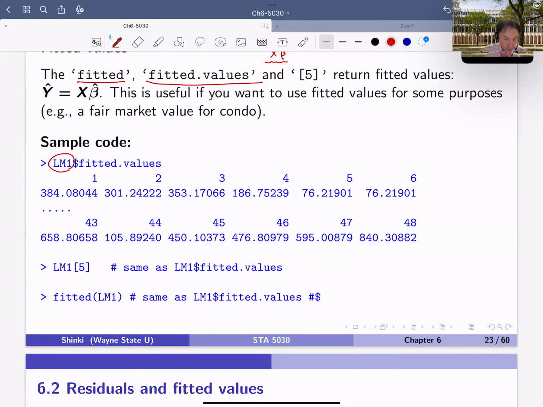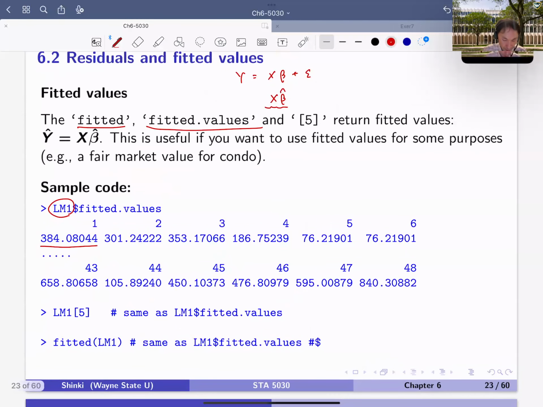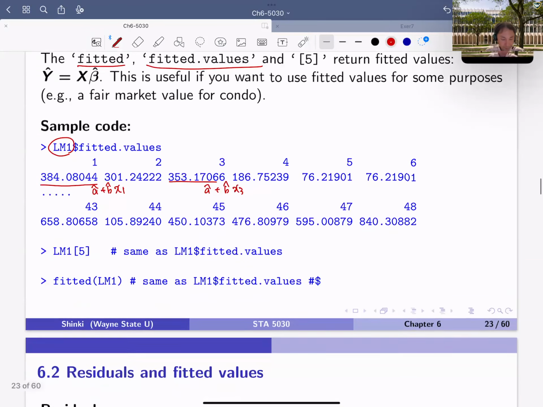So this is the lm object and $fitted.values. Then we can get the fitted value for the first observation, which is equal to A hat plus B hat times X1. And the third one is A hat plus B hat times X3, and so on.